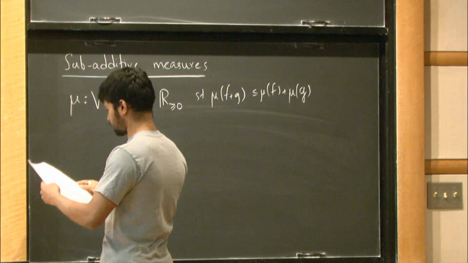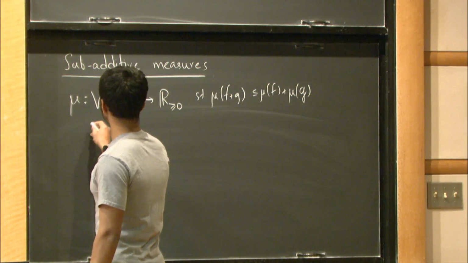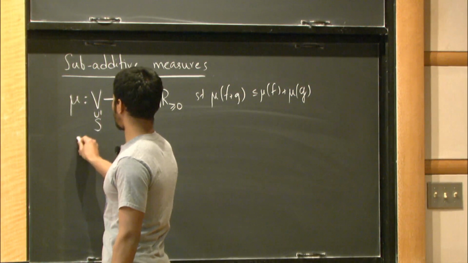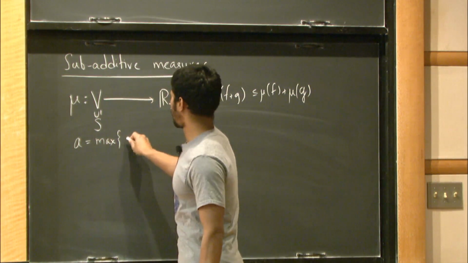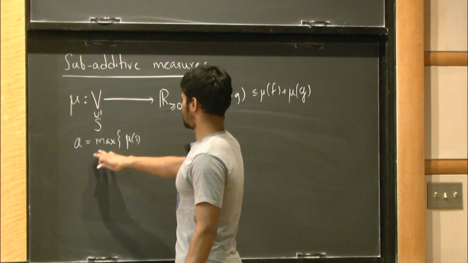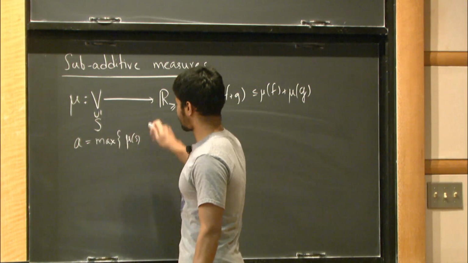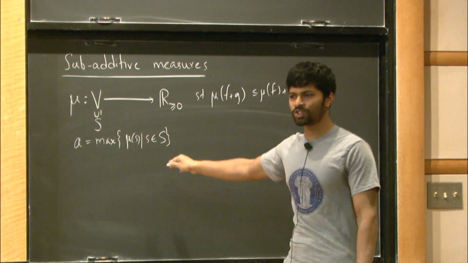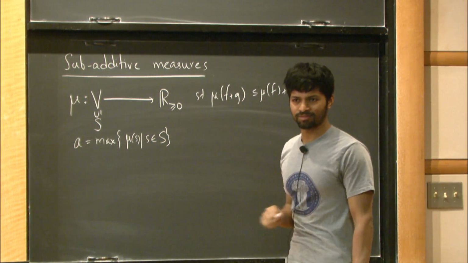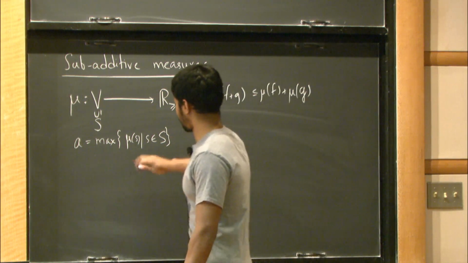It is the following. So you have the set of simples here, and let's say A is the largest of the subadditive measure that you get when you plug in all the simples. Okay, and I will be using A for this throughout. It's a starting point.